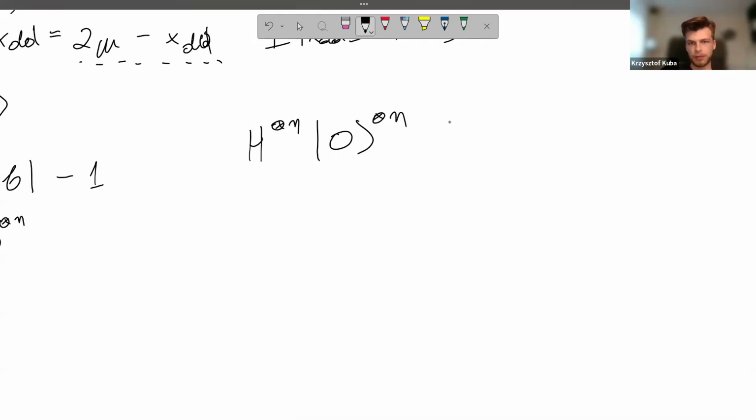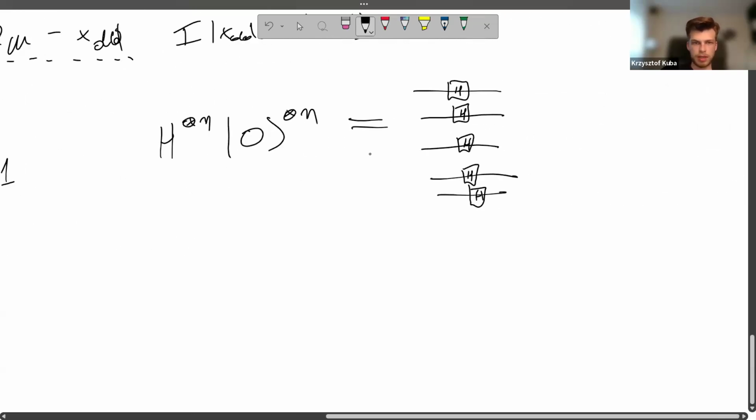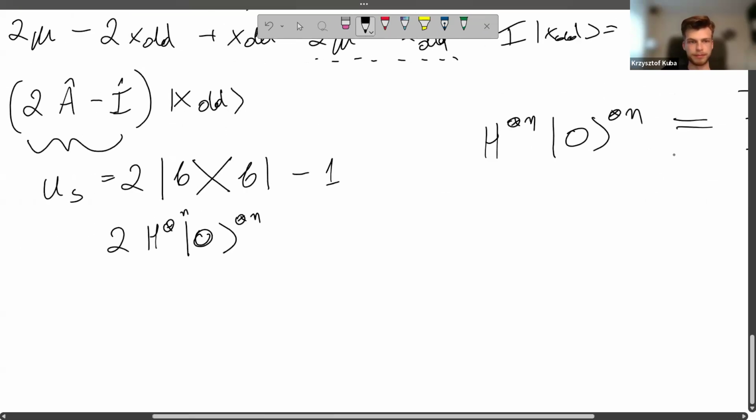In terms of quantum circuit, this is just applying a Hadamard gate to every single qubit. This is the mathematical notation of this. So this creates our vector of equal superposition B.